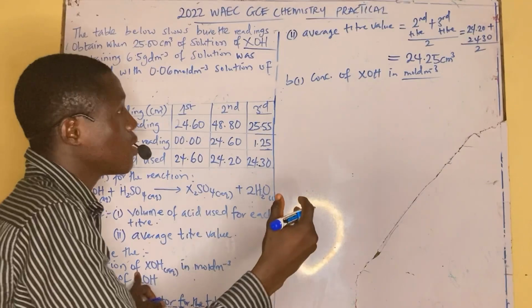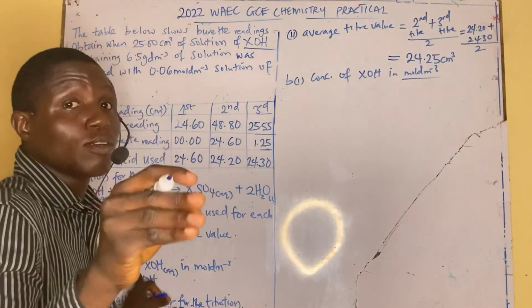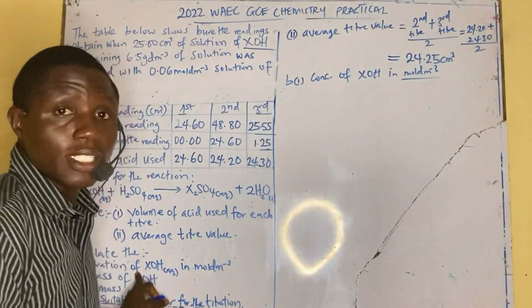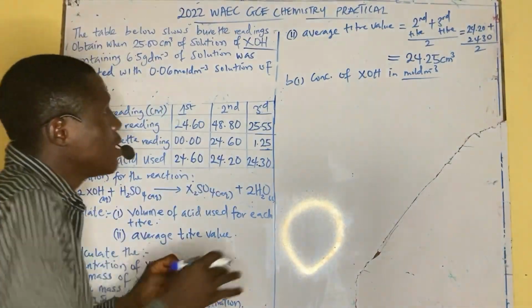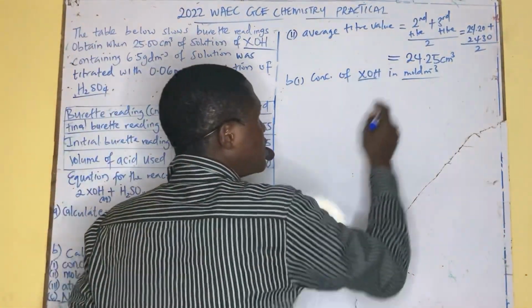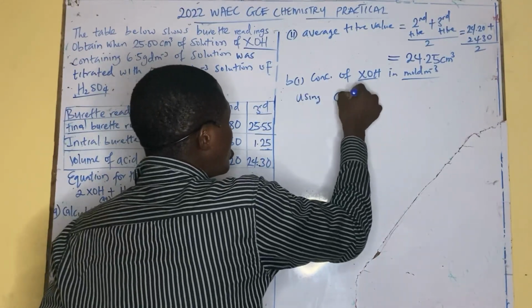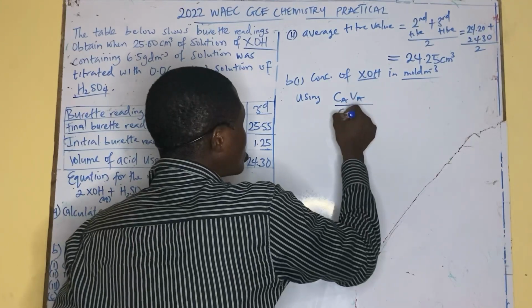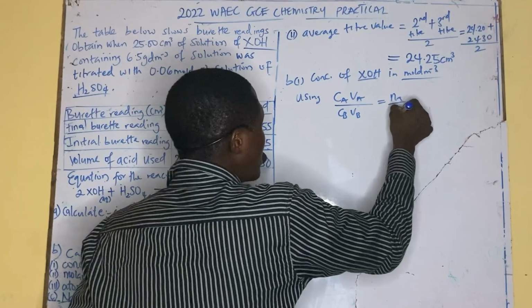So now we are asked to calculate the concentration of XOH in mole per dm³, which is the molar concentration, moles in 1 dm³. The only way we can calculate the concentration of XOH in mole per dm³ is by using the formula CaVa over CbVb equals Na over Nb.